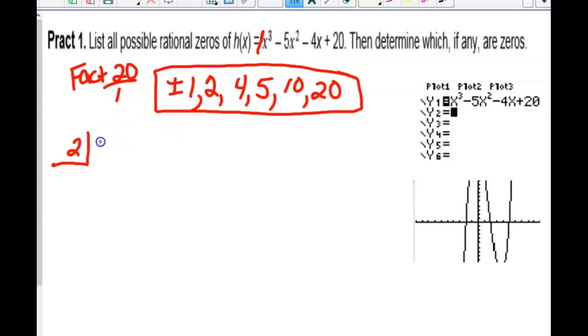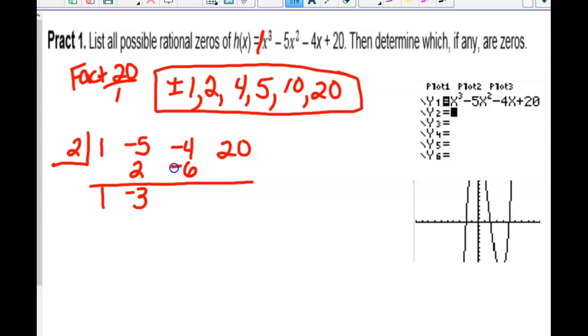Okay, what goes across the top? The coefficients from here, so we'd have 1, -5, -4, and 20. Bring down the 1, multiply times 2, add to -5, multiply times 2, add, multiply. What if I don't get a 0?